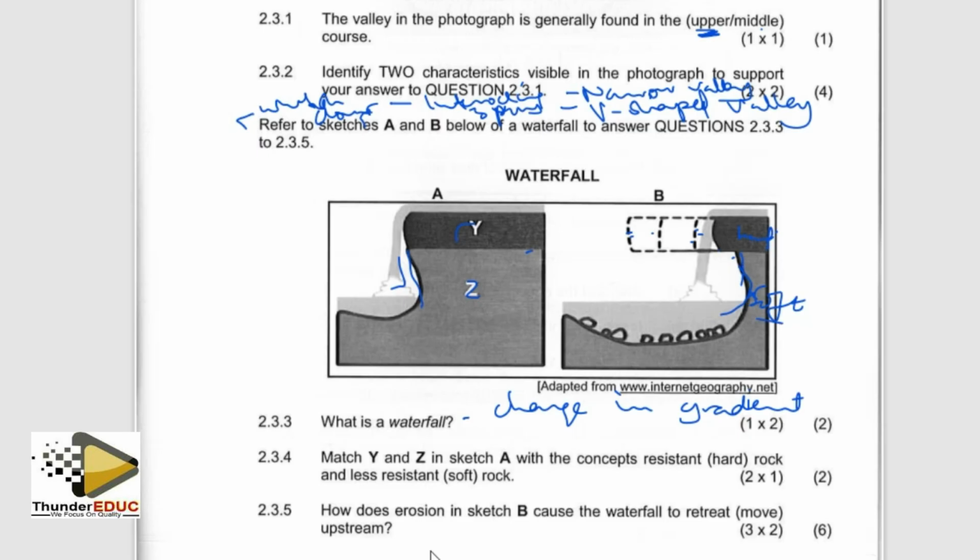Therefore, Y is a hard rock, which is resistant. Z is a soft rock, which is less resistant.